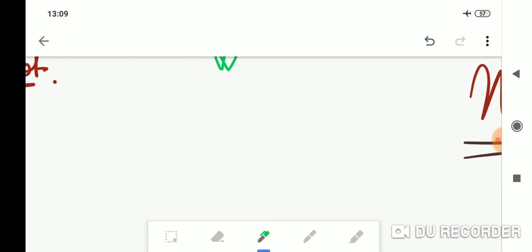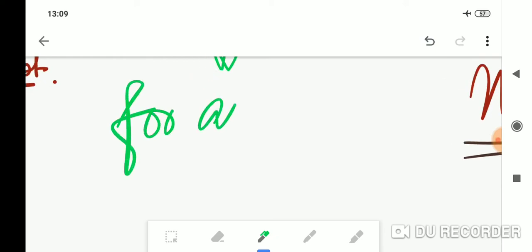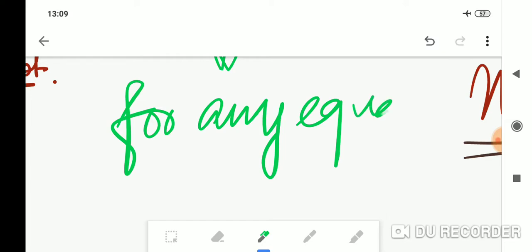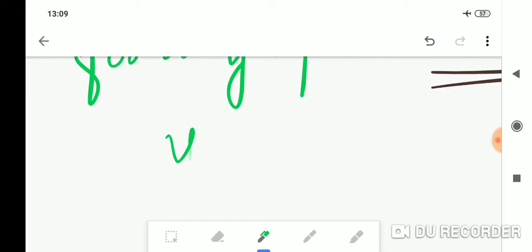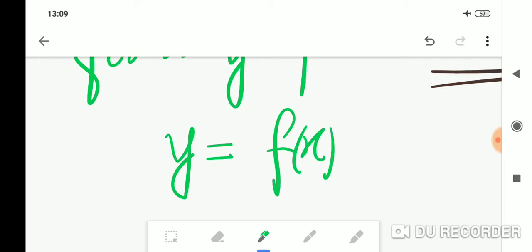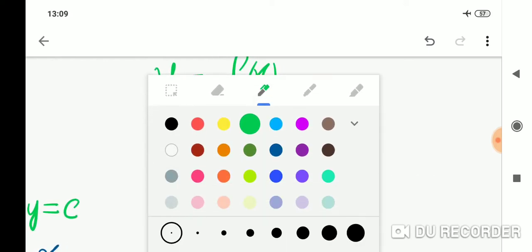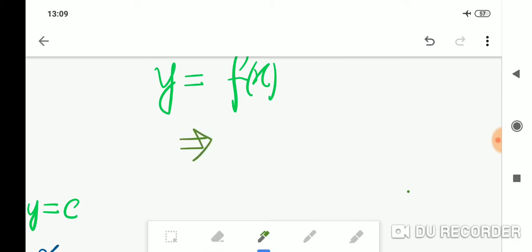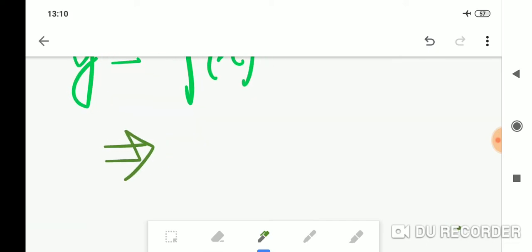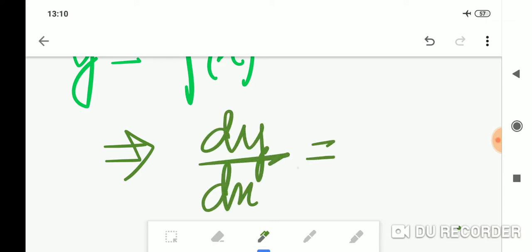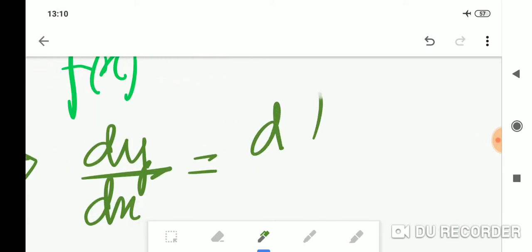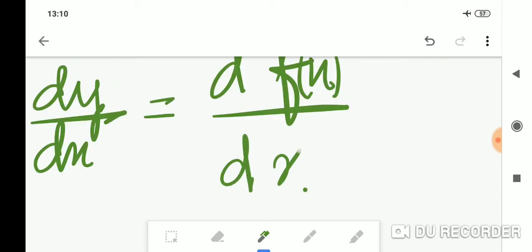Again, for any equation y as a function of x, y is a function of x, we know that dy by dx is actually the rate of change of the function of x with respect to x.